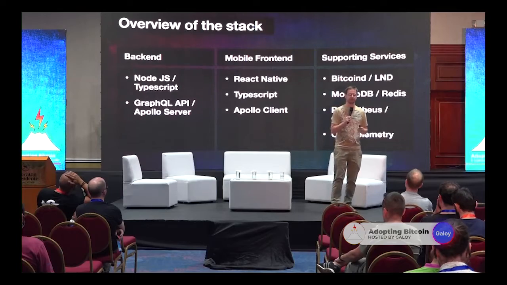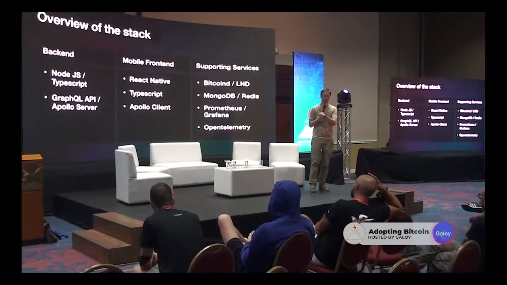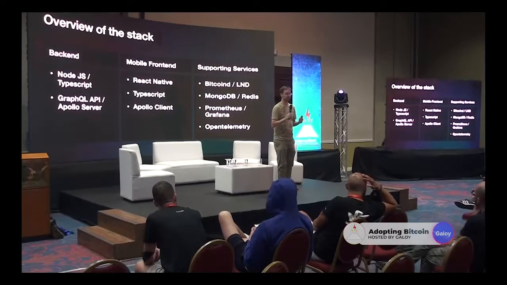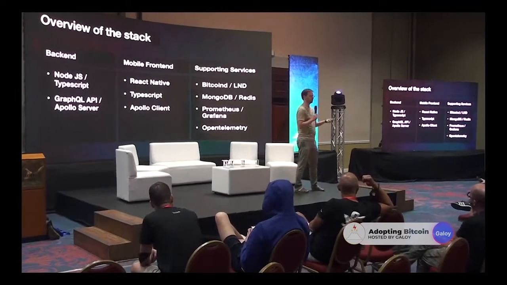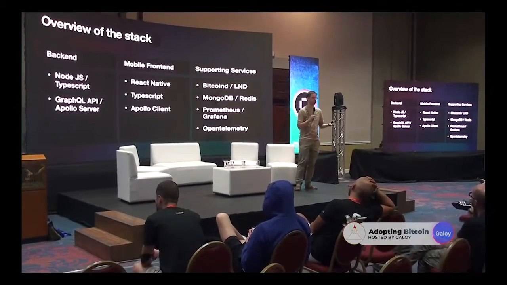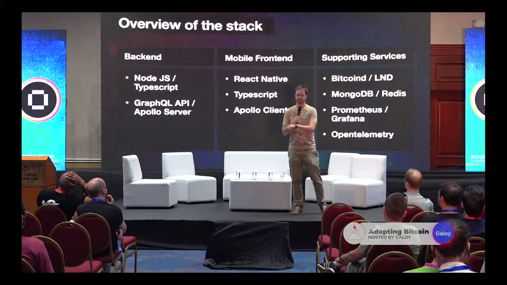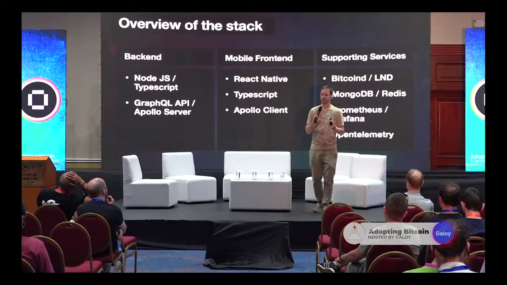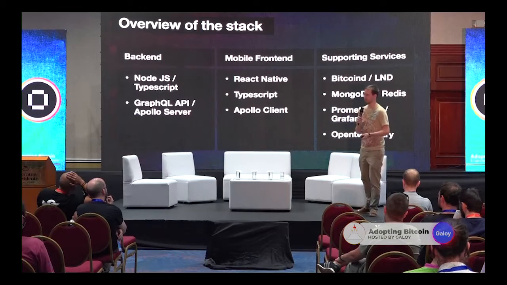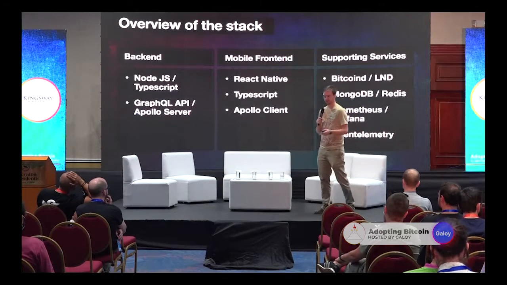We use React Native to be able to have cross-platform compilation. And in the backend, we also have lots of supporting services, not just the services that we've built: bitcoind and LND, of course, MongoDB to persist most of our data, Redis as a cache, Prometheus, Grafana, OpenTelemetry, everything you need basically to operate a distributed system is part of the stack. Other components are in there too, because it has to be self-contained to have this portability between clouds. We don't want the lock-in, we want people to be able to host it how they want, and that means we need to bring in the whole operating stack as well.